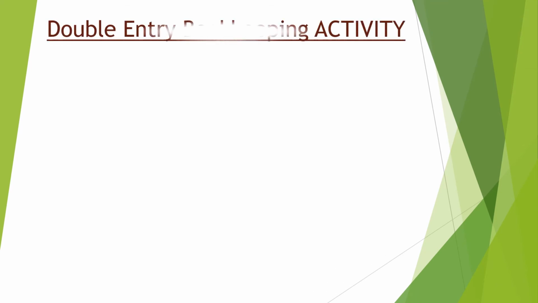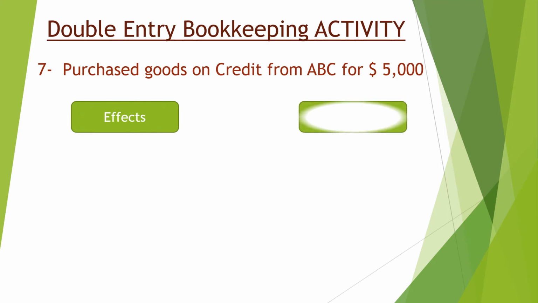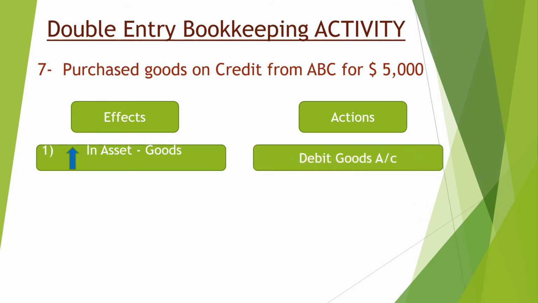Let's see the next one. The next one is purchased goods on credit from ABC for $5,000. The effects and actions: increase in goods. So debit the goods account or the purchase account.